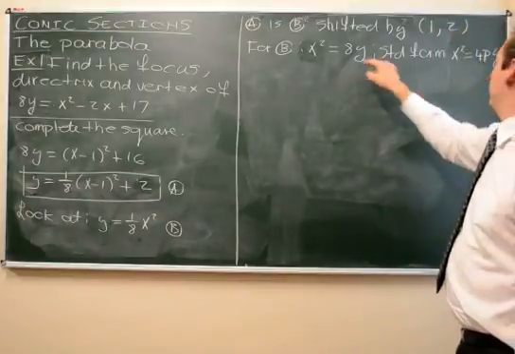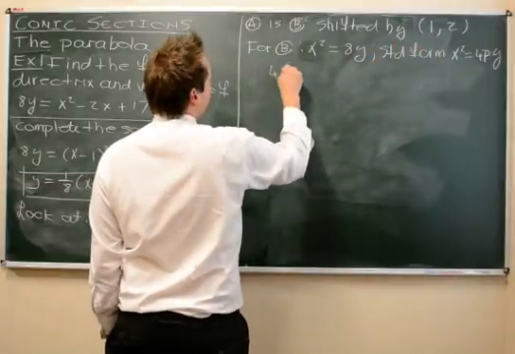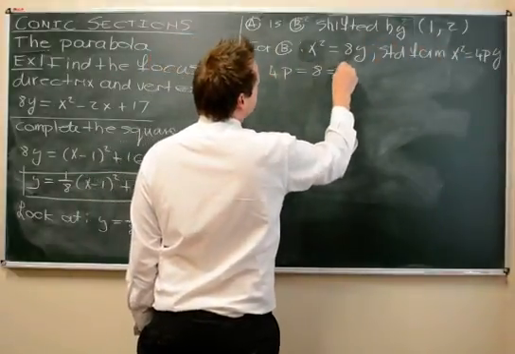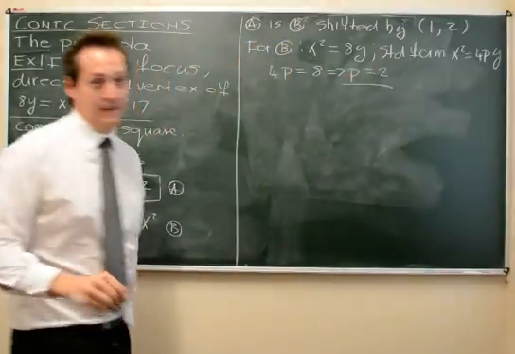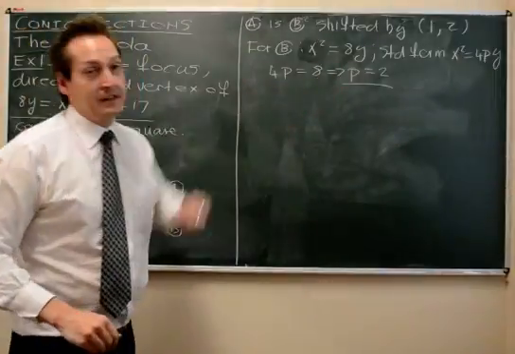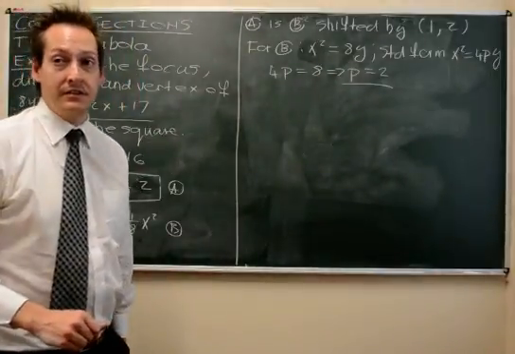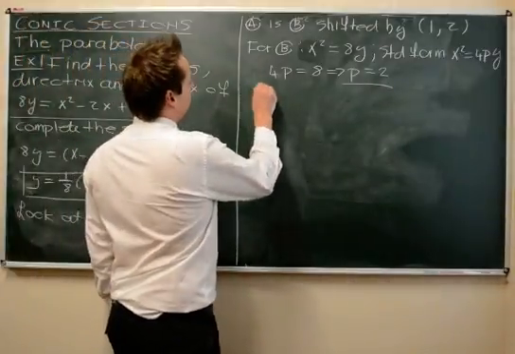So that means that 4p is 8, so p is 2. So now this p tells us where the focus and the vertex of this parabola are.